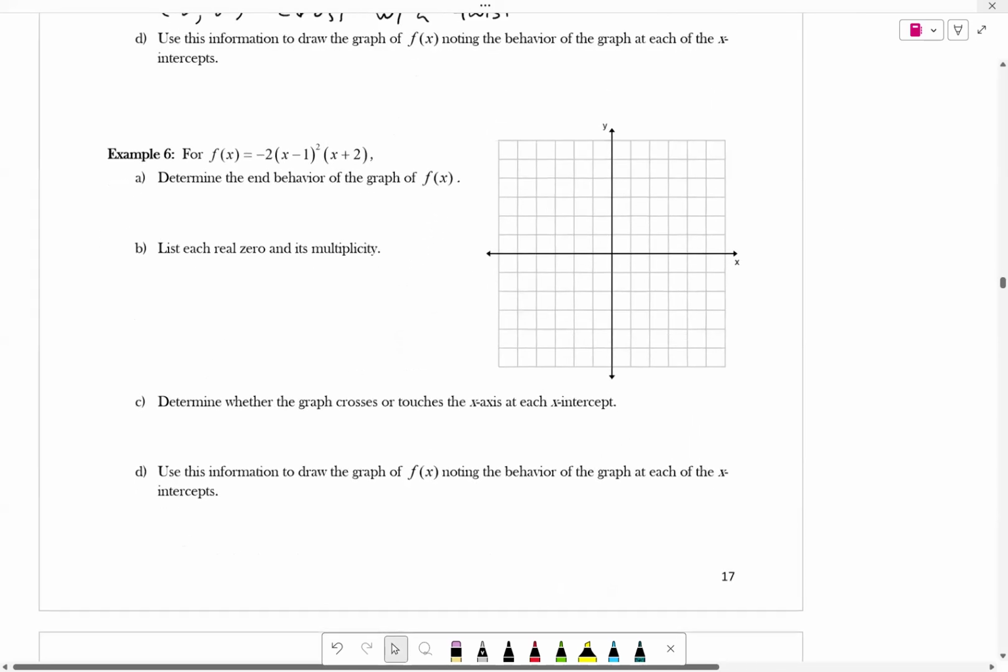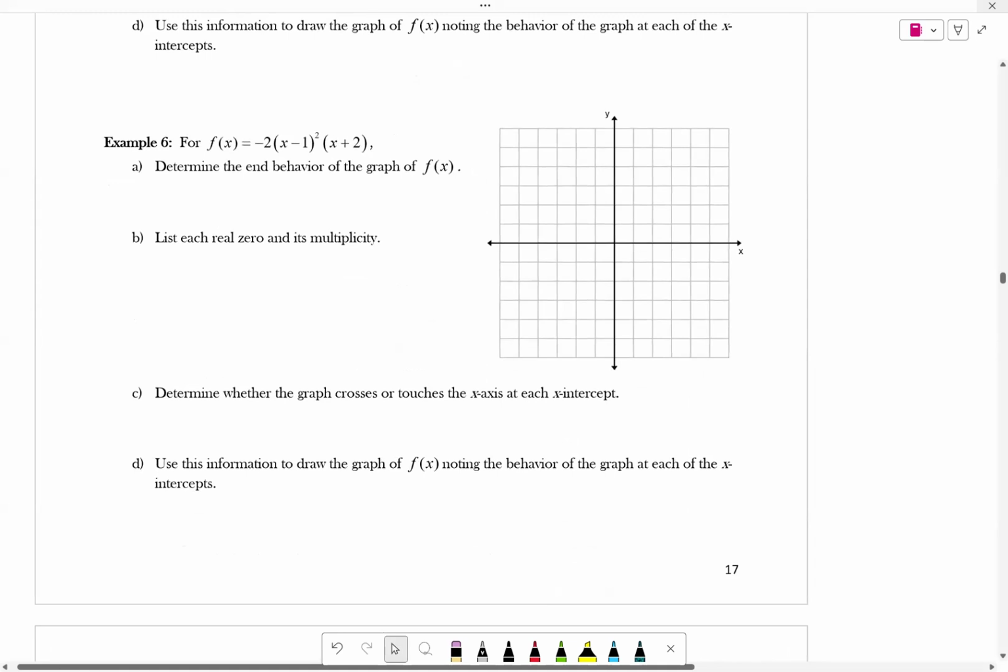I'll give you a moment to get a good graph going here. We're going to go right to the graph you made. Just consider these things.